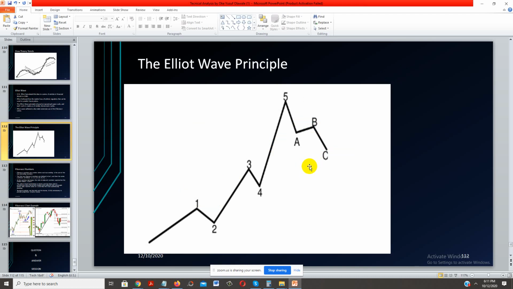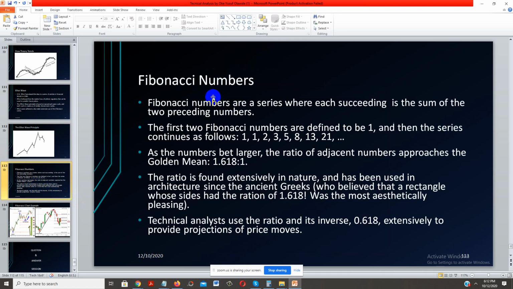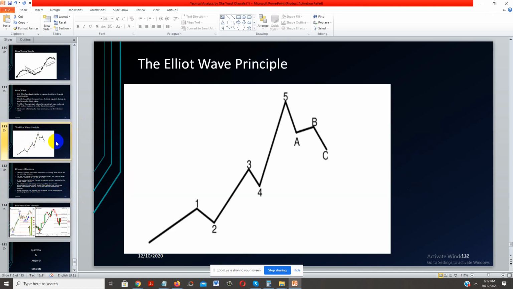Knowing where is support, knowing where is resistance, knowing which one is a strong support and which one is a strong resistance, so that you determine where your entry will be, where your exit will be, and where your stop loss will be. Now that's it for Elliott wave. We'll go deep into it with our chart.